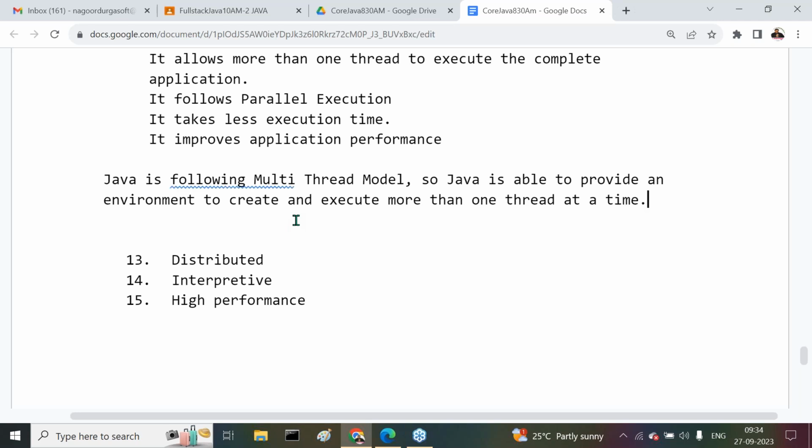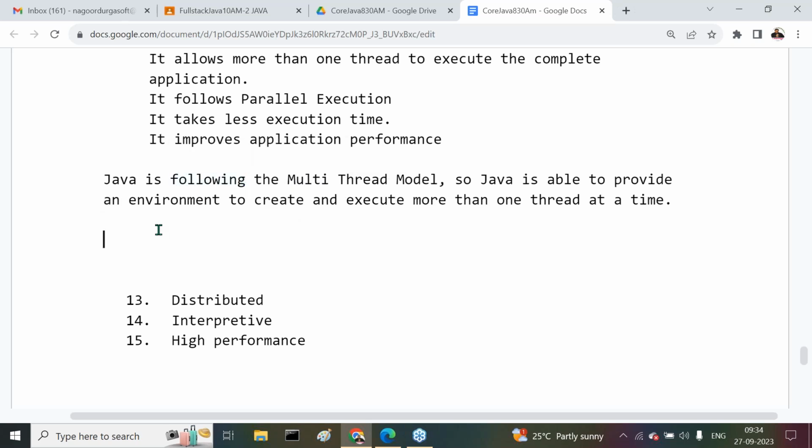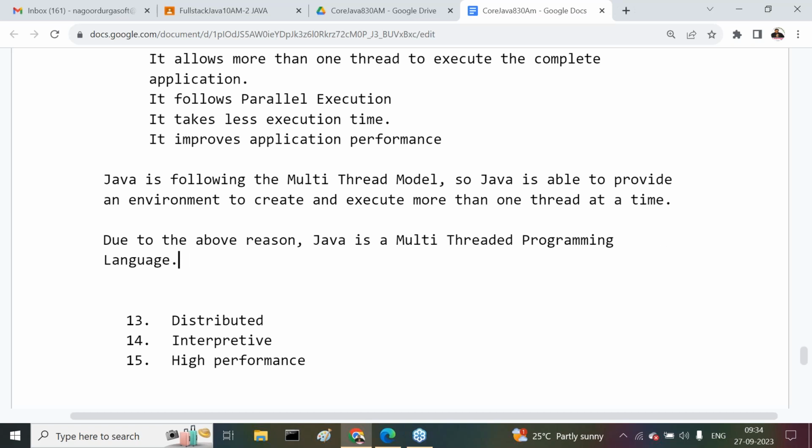Therefore, due to the above reasons, Java is a multi-threaded programming language. That's it, guys. This is exactly the meaning of multi-threaded programming language.